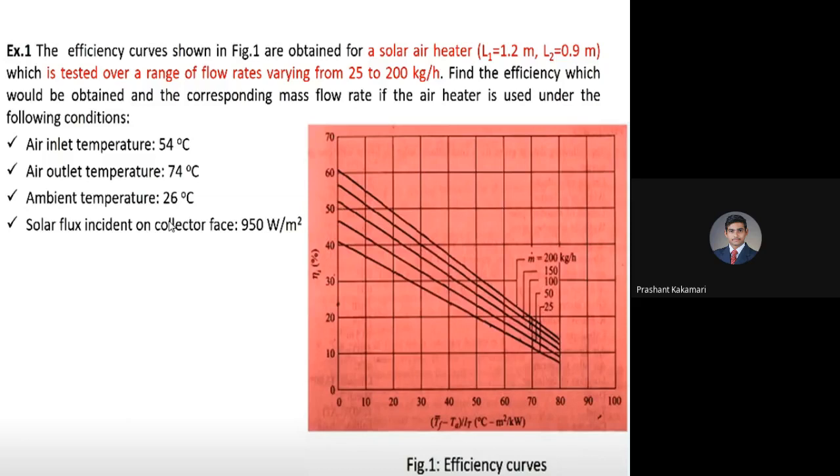On the y-axis, the efficiency of the solar aerator or the solar collector is taken. This type of arrangement and analysis is also done by Garg. So from the book you can refer to Garg. He has also given the process of how to calculate all these parameters.